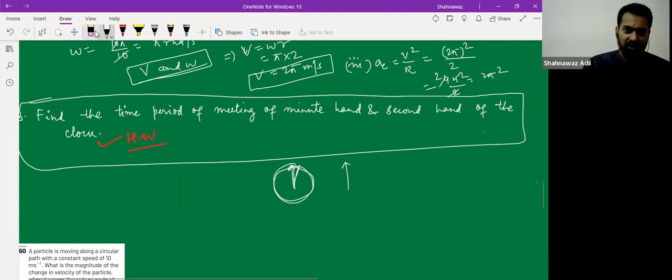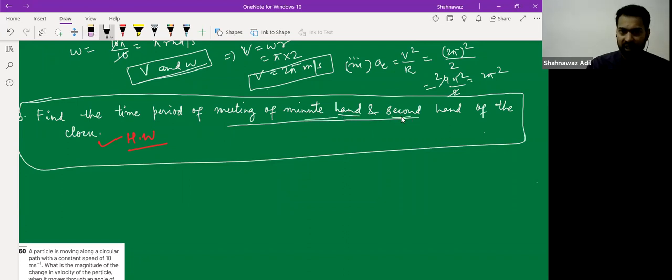I am just giving you a hint: the difference of the angular distance of the minute hand and second hand, theta minute minus theta second, will be 2 pi.